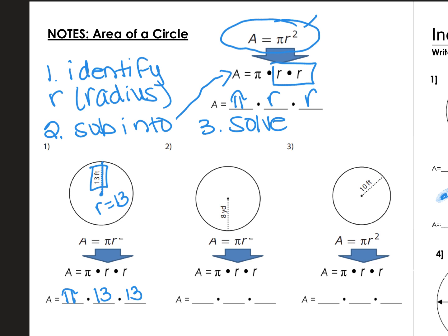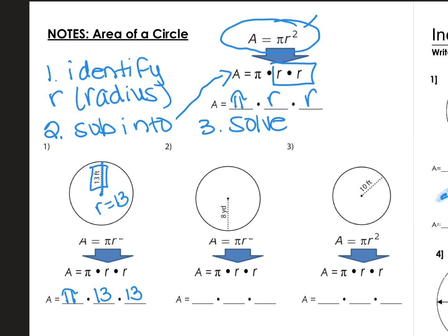Now from here, we're going to solve this by going to your Desmos calculator and plugging it in. On your Desmos calculator, you are going to use the pi key, and then you're going to multiply 13 times 13. For these notes, I'm going to round this to the nearest hundredth. Always pay attention to your teacher and whatever your assignment says about how far this should be rounded.